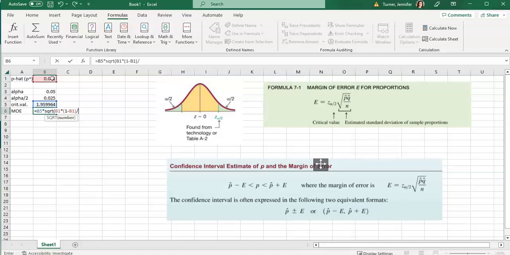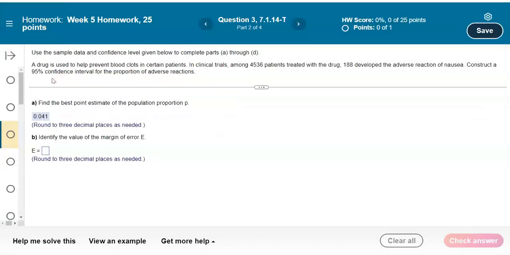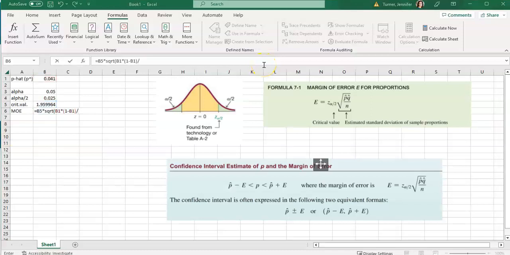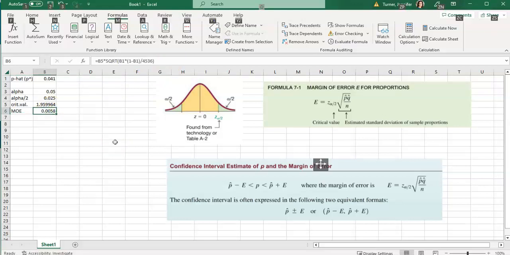Finally, we need to divide by n. Remember, n in this case, let's go check it out. That was the total size of the sample, excuse me. So that was 4536. So 4536 right there. Close the parentheses and hit enter. So this is our margin of error. This is our margin of error for this particular sample.